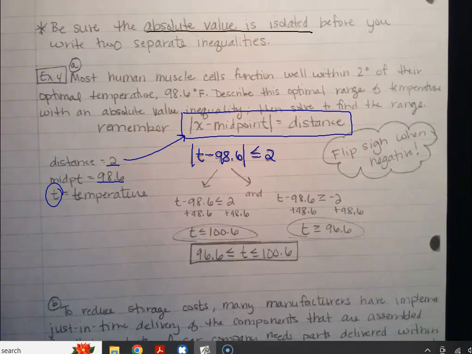Is less than going to give me a conjunctive or a disjunctive? It's going to give you a conjunctive, because we want it to say any temperature within this area. So this is a less than or equal to, right? We want it to be any of those.